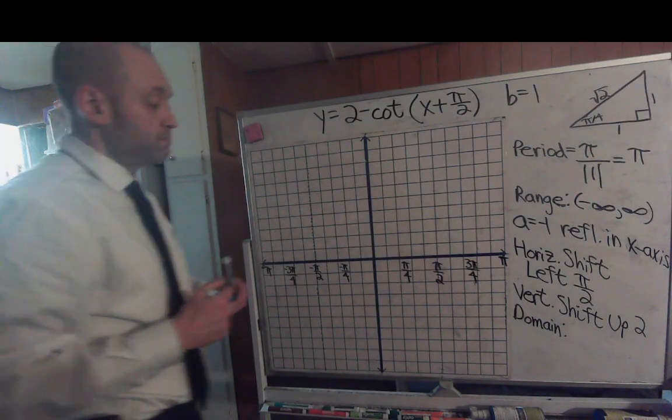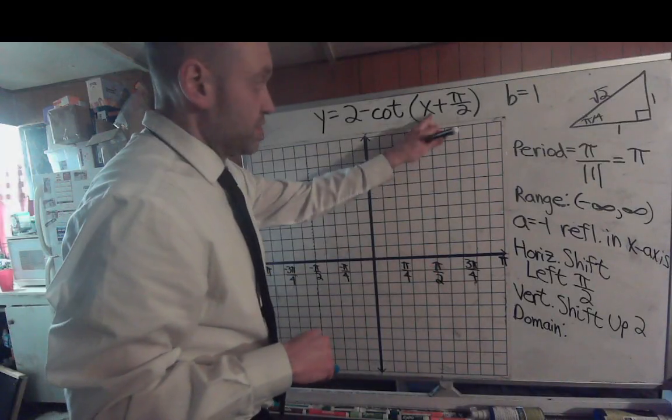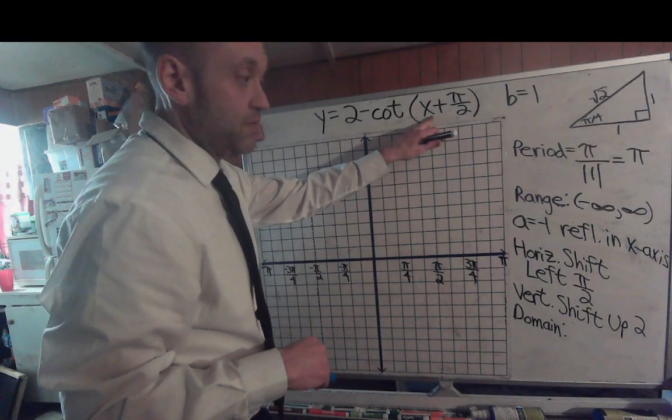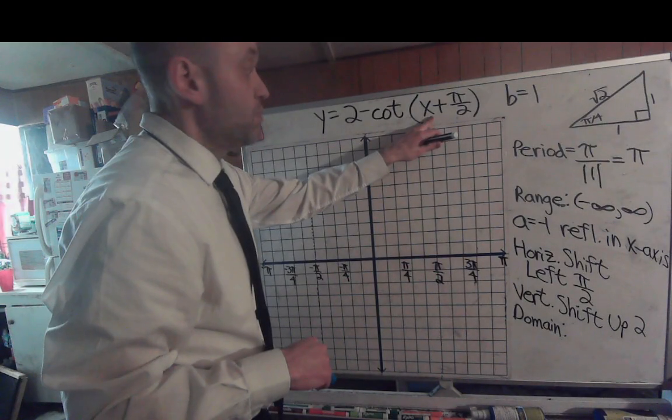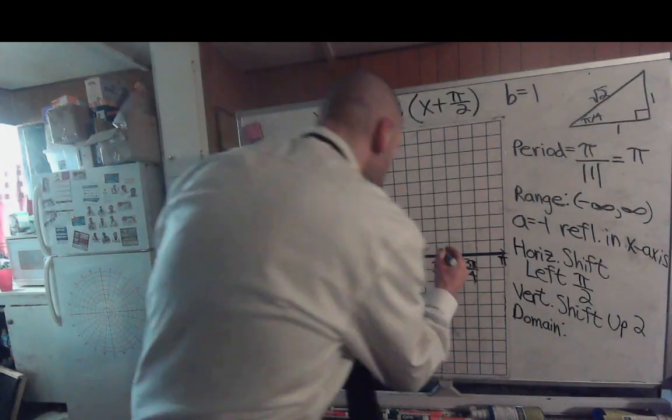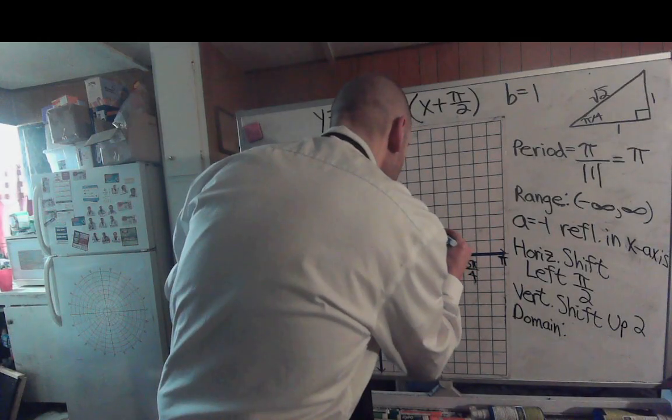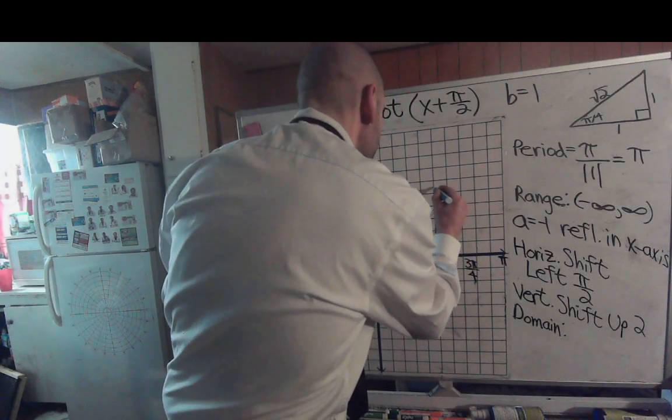Alright, and then let's look at pi over 2. Well, if I put in pi over 2, I get the cotangent of pi, which is undefined.